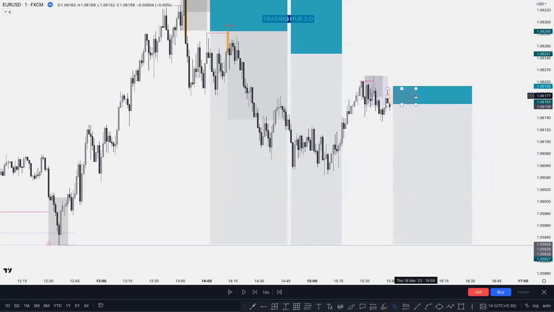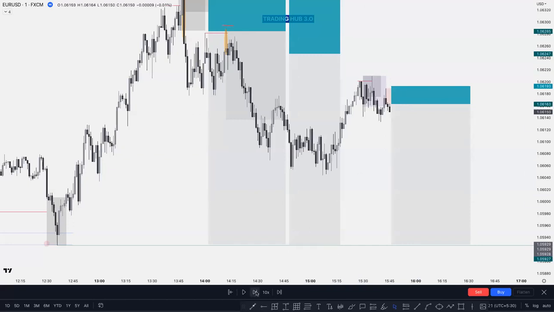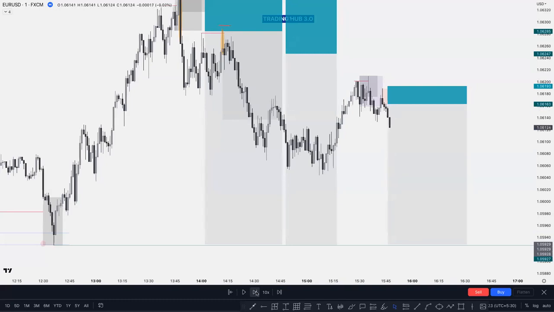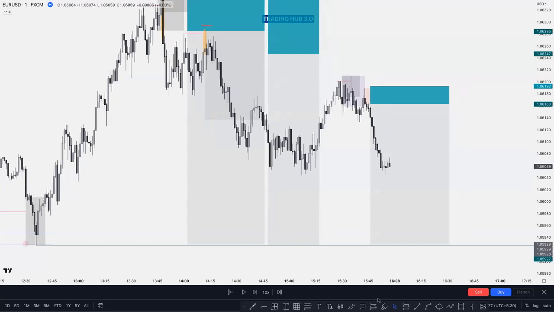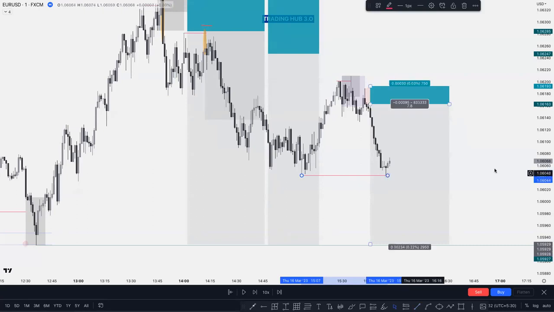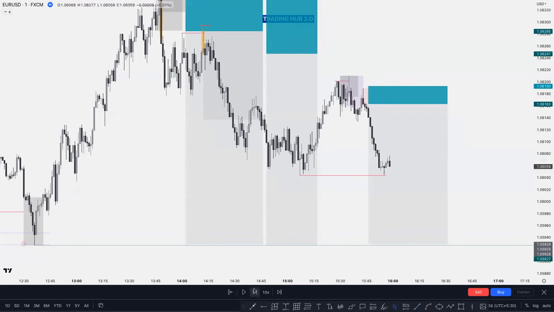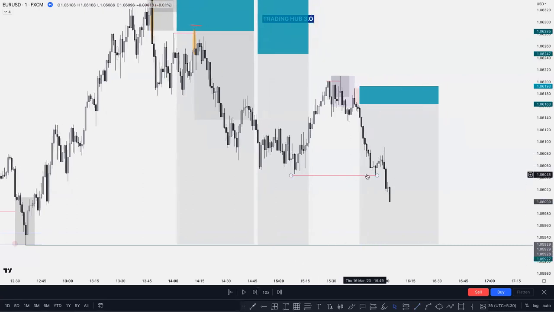So we are planning to sell here. This is the first entry. Let's see. Entry mitigated. Perfect. When the market breaks this first low, then you have to put the stop loss at the break-even point, right here.